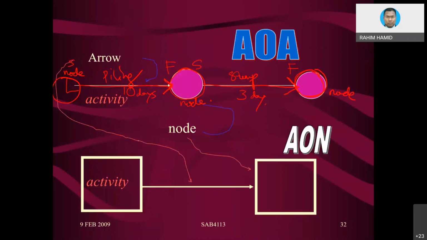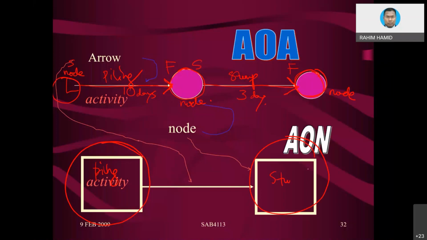But for the AON diagram, as I already mentioned, the activity piling we are going to write on the node. So the node could be the circle, and the activity, we just put piling inside the big node there. Because there are 2 activities, piling and stum, there are 2 nodes. One is piling and another one is stum.